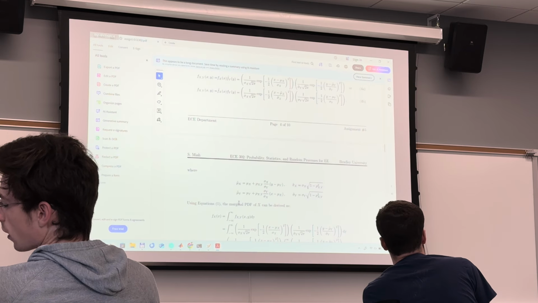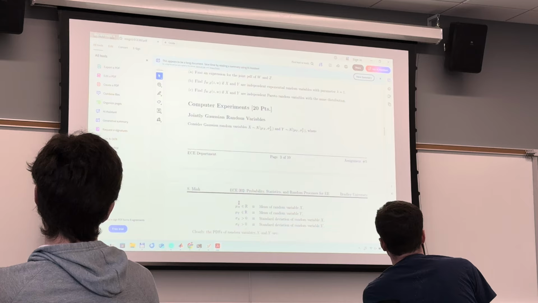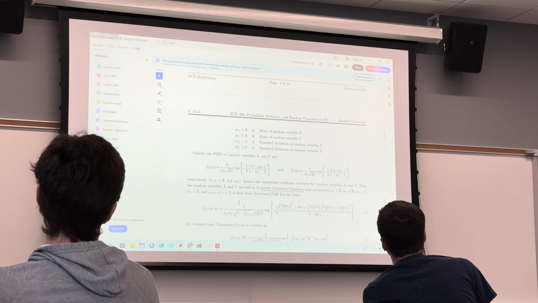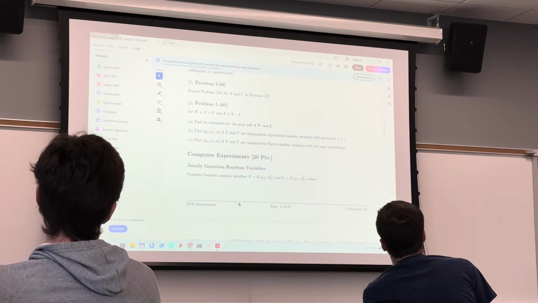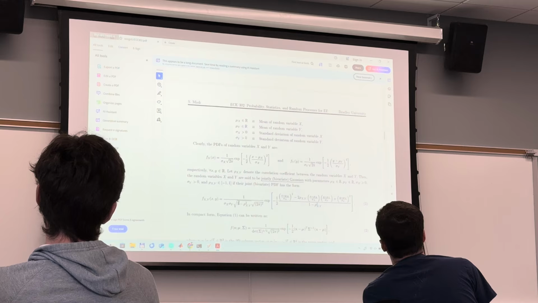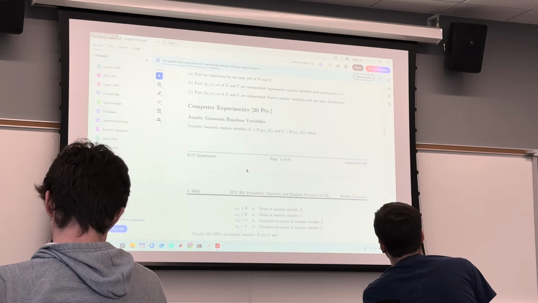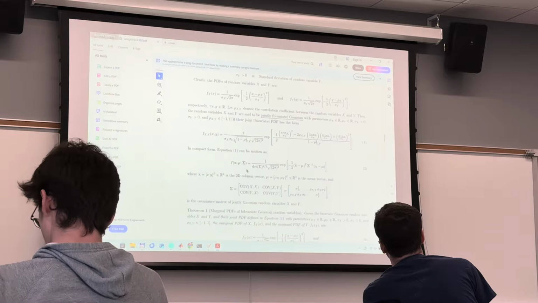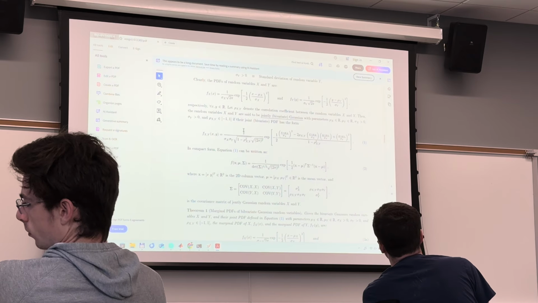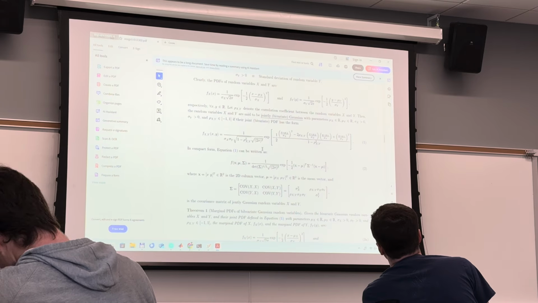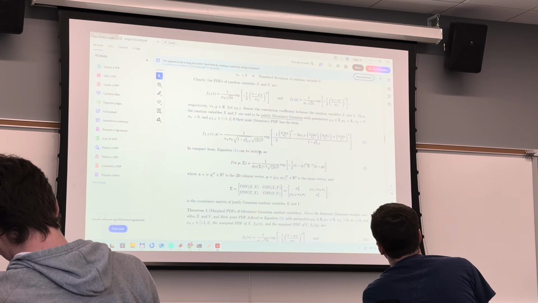You will have this document. Generalized joint PDF looks like this one. This is equation number 1 here.